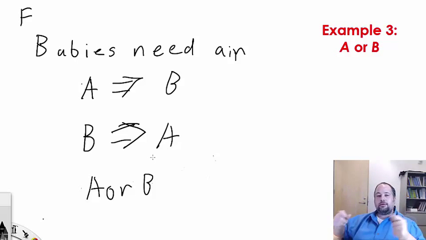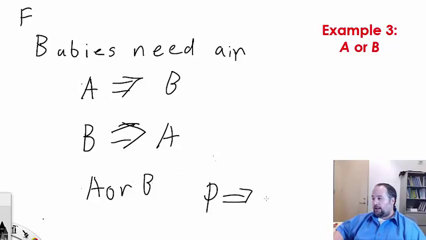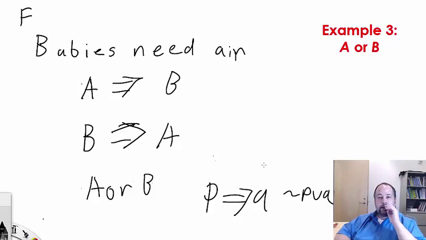If you ever hear an or, boom, it automatically goes in as is, which is why it's very useful that P implies Q is the same as not P or Q, because we can say that in English, and it plugs right into our propositional logic.